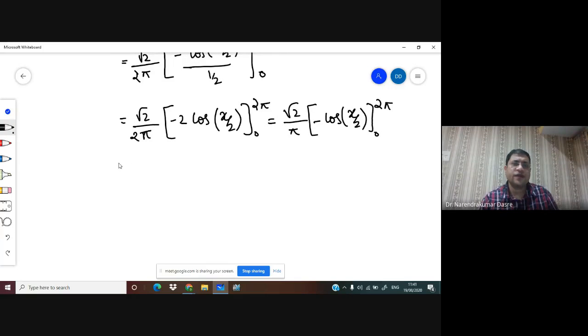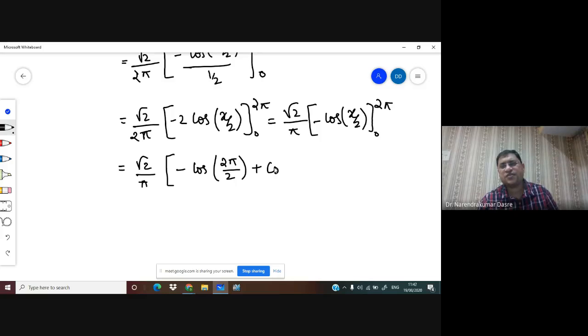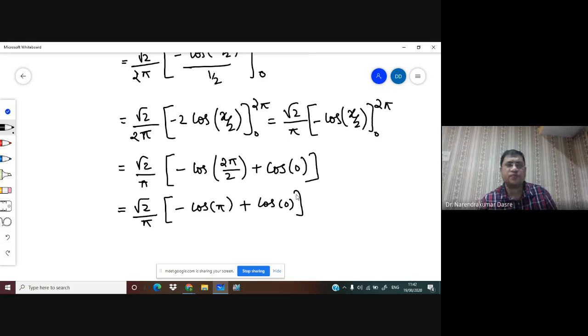If I apply this limit, then what you'll get is root 2 upon pi, then minus cos of 2 pi by 2, and minus minus plus, cos of 0. So this is equal to root 2 upon pi times minus cos pi plus cos 0.